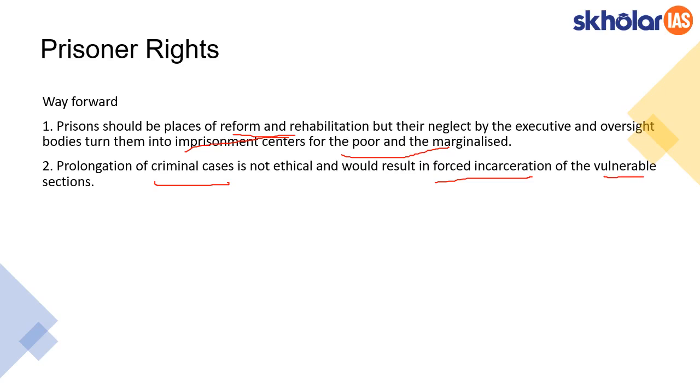So the perception towards the functioning of prison has to change, and it also has to be supported by an effective judicial system, whereby the cases are dealt with and justice is delivered at a faster pace. Unless then, the overcrowded prisons cannot ensure rights to the prisoners.